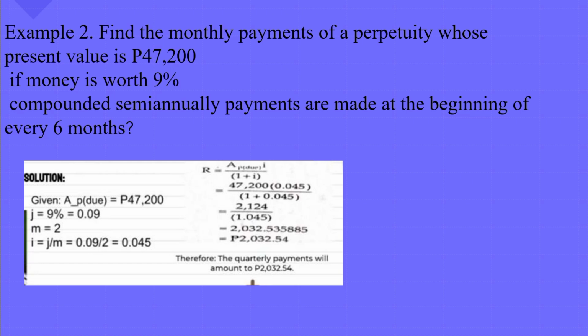So the total is 2,032.535885. So we round it off, and the total is 2,032.54 pesos. Therefore, the semi-annual payment will amount to 2,032.54 pesos. So that's the total amount.